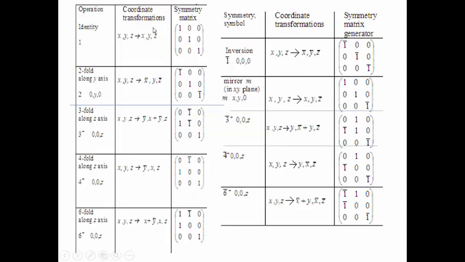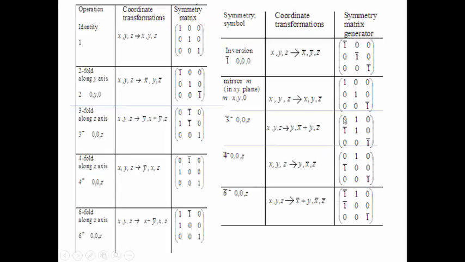If you compare the proper operations with the improper operations, you see that we're just multiplying the operation by minus 1, minus 1, minus 1. Notice the rotations are along z, for 3 plus, 4 plus, and 6 plus. So for 3 bar plus, 4 bar plus, and 6 bar plus, we can see that we simply multiply these various matrices by minus 1.